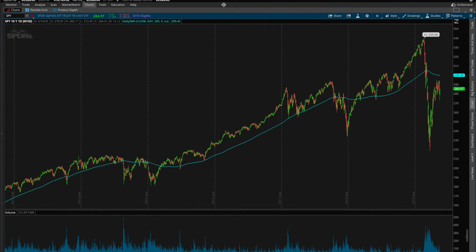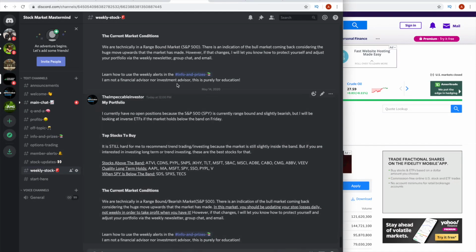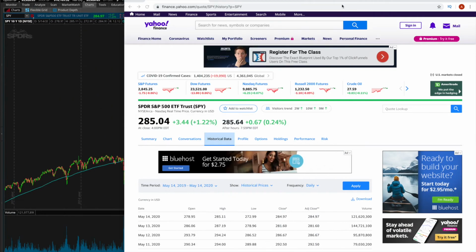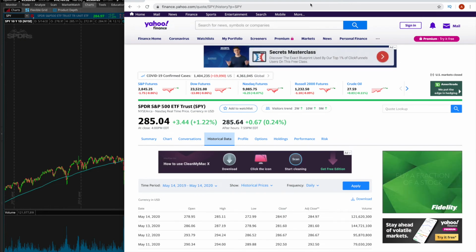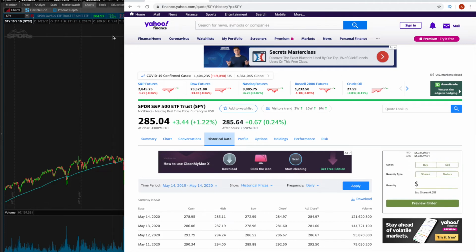Now, there is a math way. You're like, Austin, but a line test is subjective. You don't actually get the actual metrics. And yes, that's true. If you go to yahoofinance.com, you'll see that you can type in any symbol. For instance, I typed in SPY because we're looking at SPY right now, but I'll change it up in a bit.